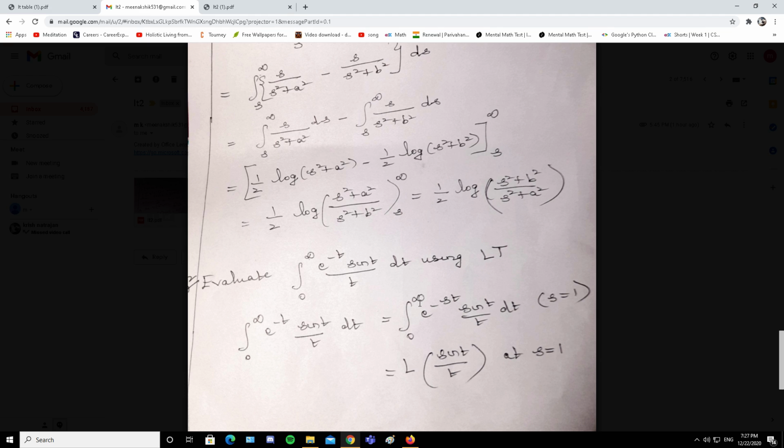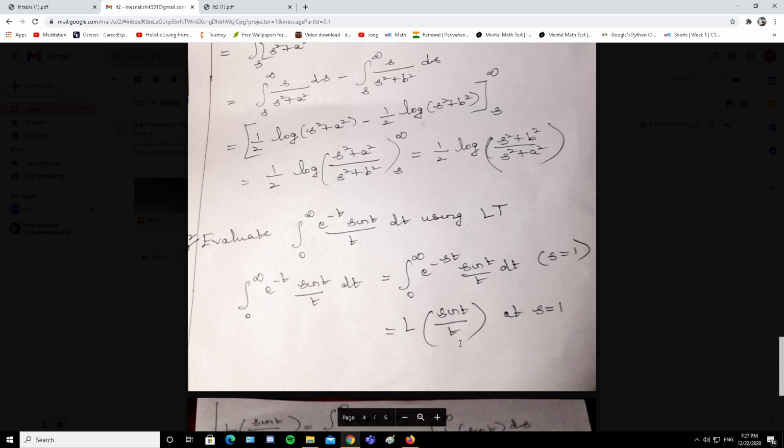Now this integral is nothing but the definition of Laplace transform, that is Laplace of sin t by t at s equals 1.